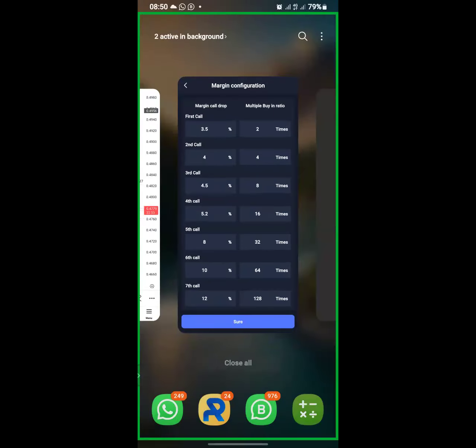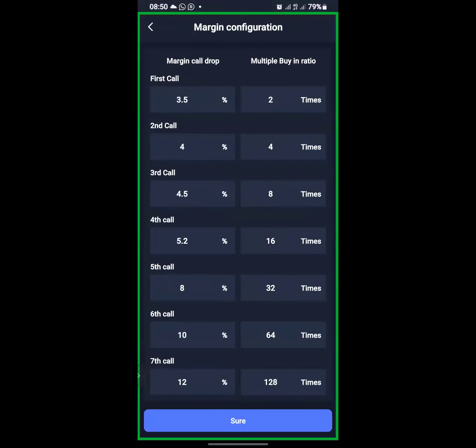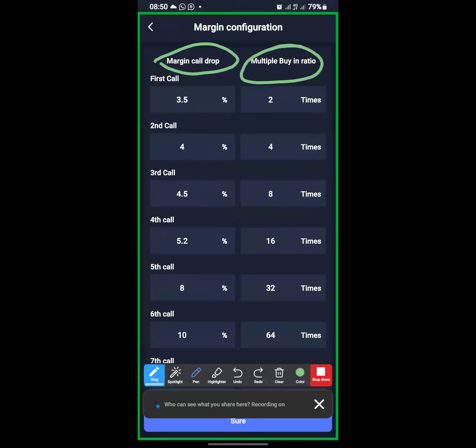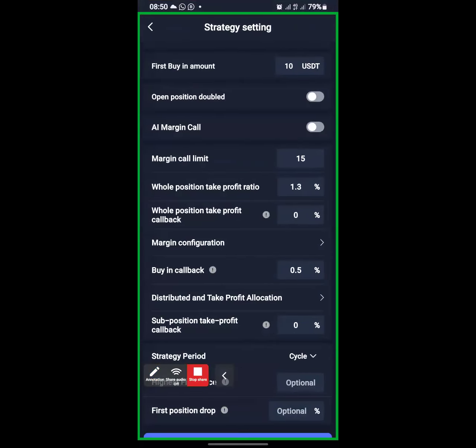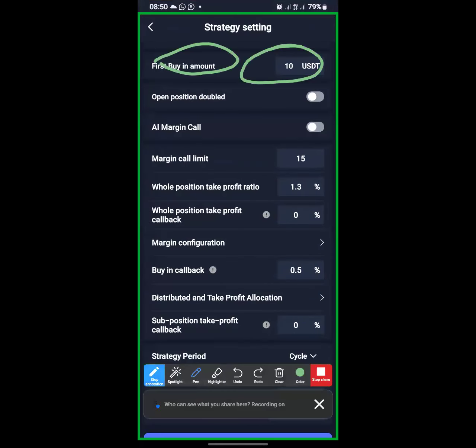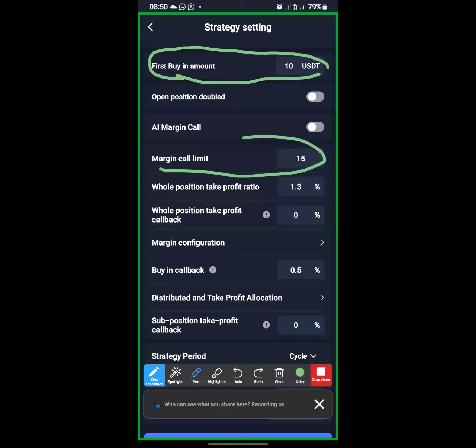Okay, let me hope, guys, we've got that. Let me try to explain it my way. I want to make it very simple for those who have not understood it. Whenever we are setting, there are three features that move together: the first buying amount, the margin call limit, and the margin configuration.